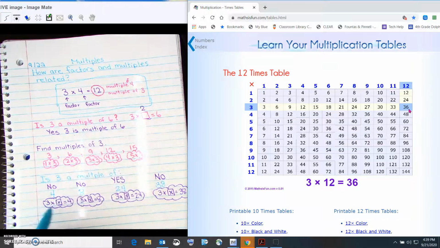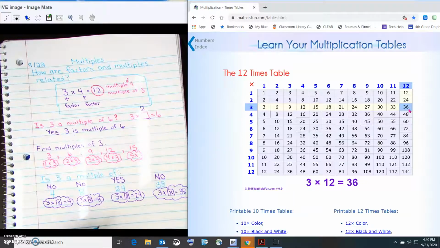So this one, nope, this is no. So 3 is a factor of 24, 8 is a factor of 24. So these are the different ways to say it. These are the factors of 24, and 24 is a multiple of 3, and 24 is a multiple of 8.